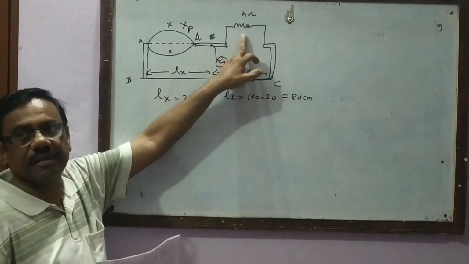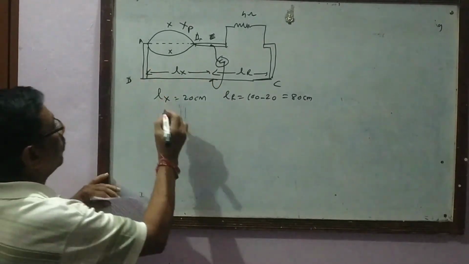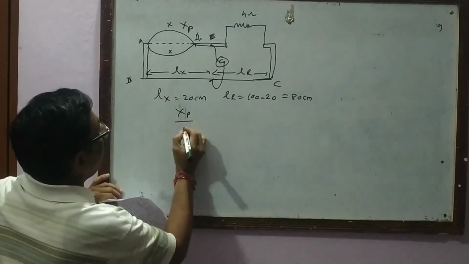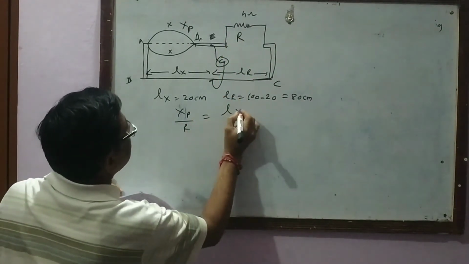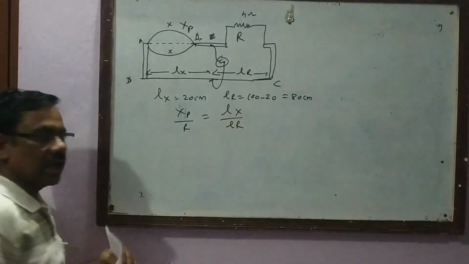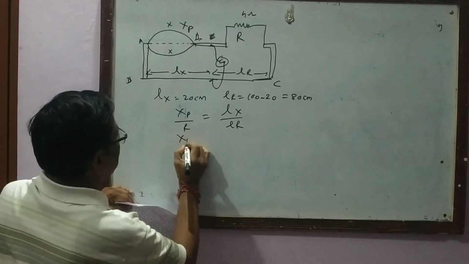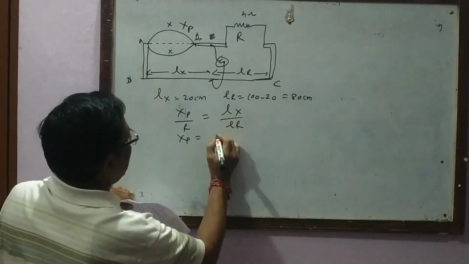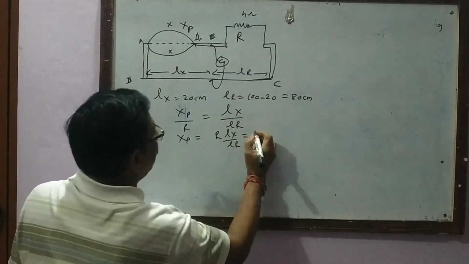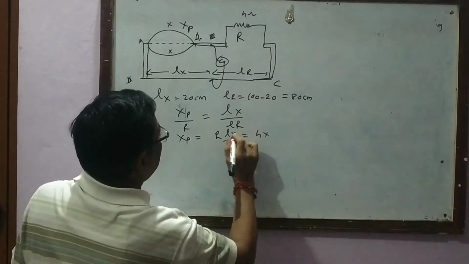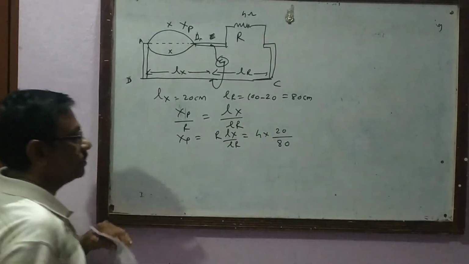Under the balance condition of the meter bridge, we have XP upon this resistance R is equal to Lx upon Lr. Therefore XP is equal to R into Lx upon Lr, and R is 4 ohm and Lx is 20 divided by 80.